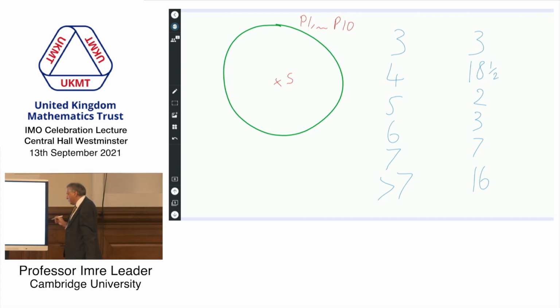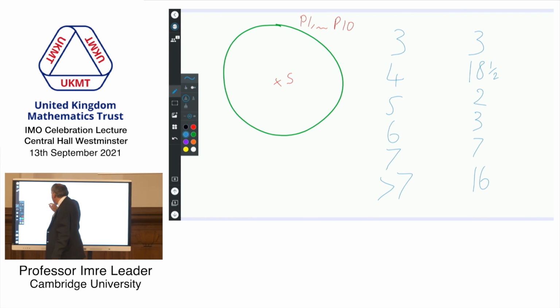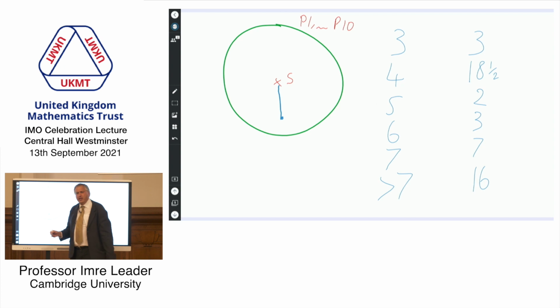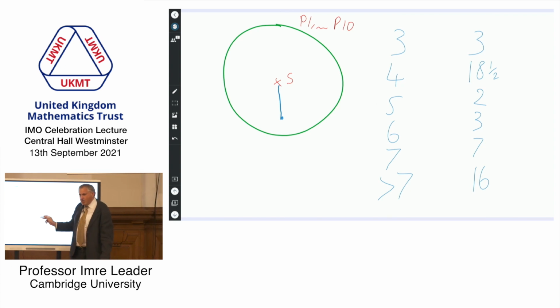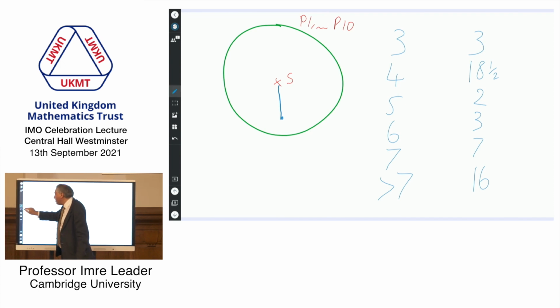Here's what the student does. He runs down to somewhere, not too far from the edge, and he asks the following question: is porter 1 to the left of me, to the right of me, or perhaps vertically above or below me? Suppose the porter is left, for the sake of argument.